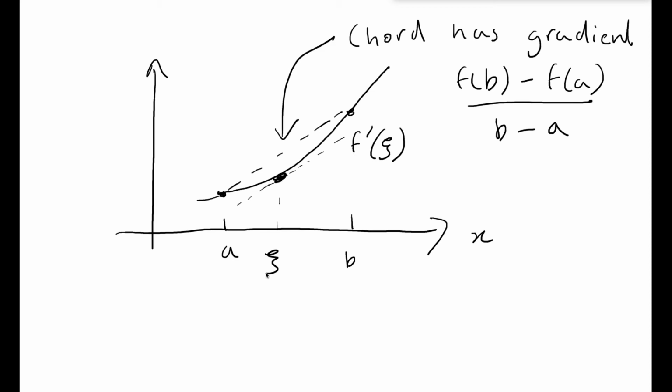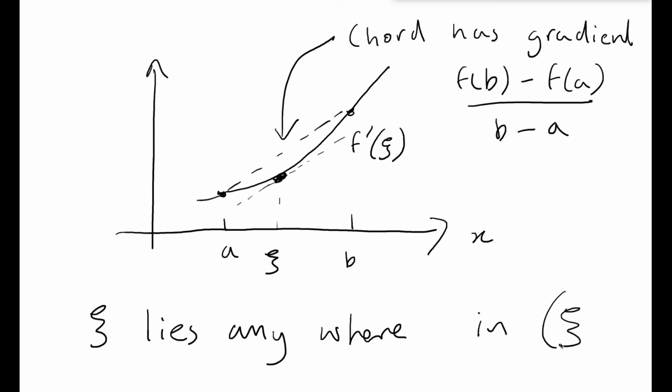It could be anywhere in the domain, and people don't like that uncertainty, but it's a very useful device for proving things about convergence laws, etc. So psi lies anywhere in our open interval, and that's all we need to know.